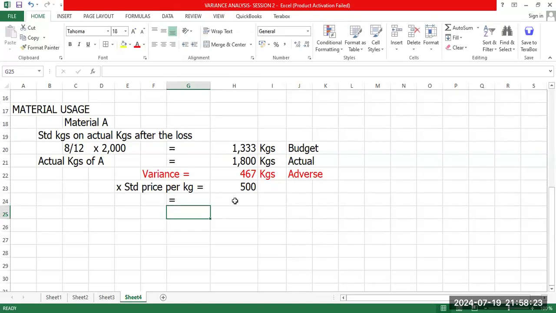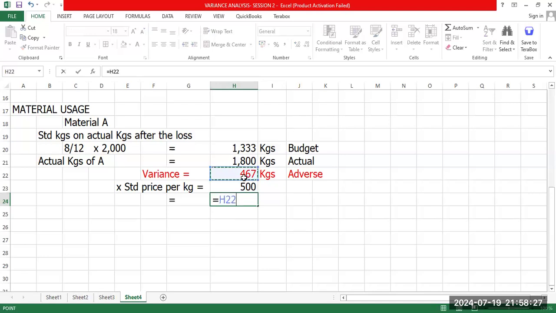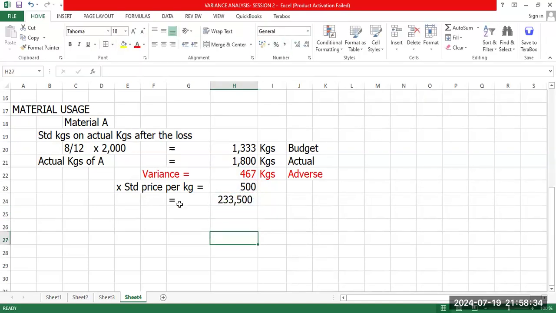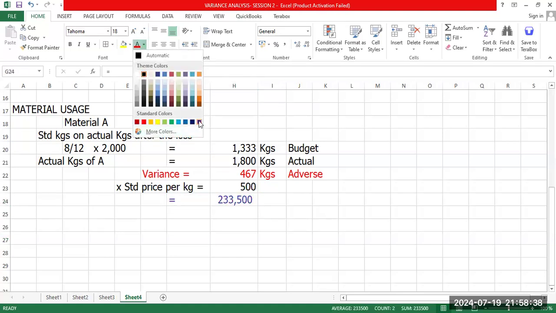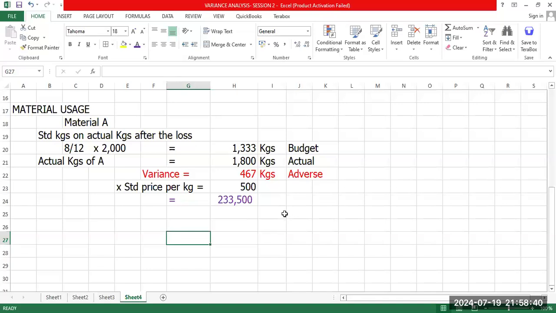So finally, your variance is this times this. And that is your variance for material A. Is it clear?